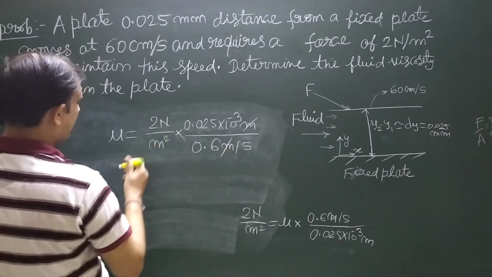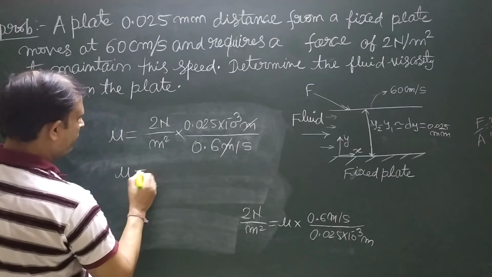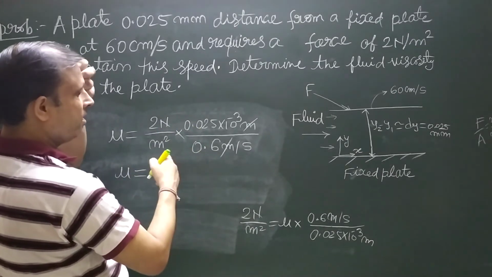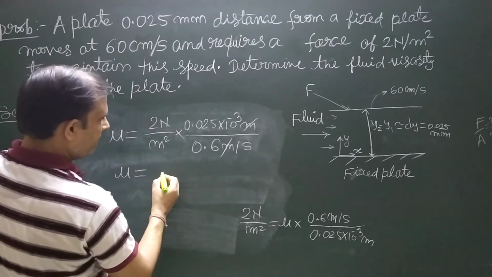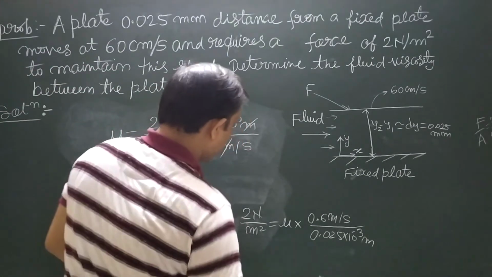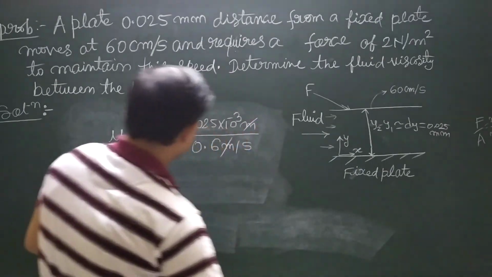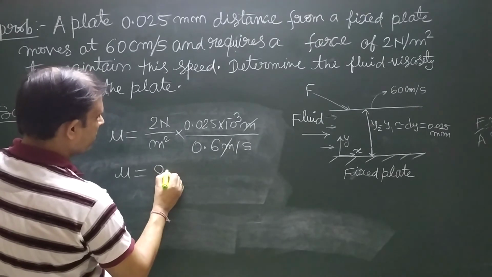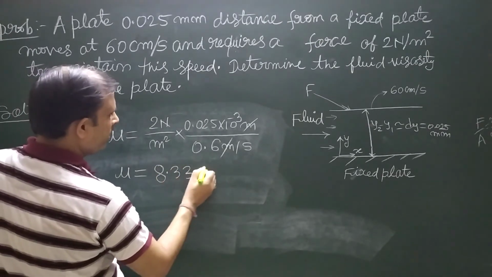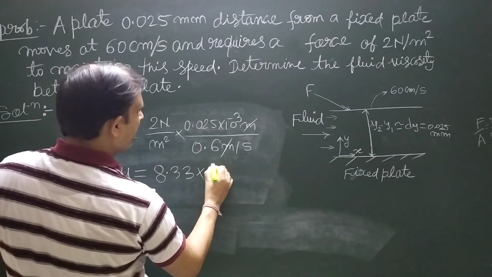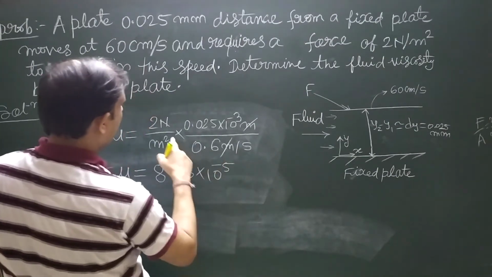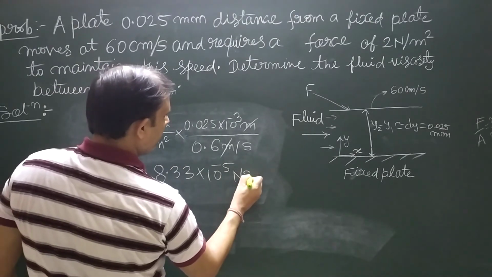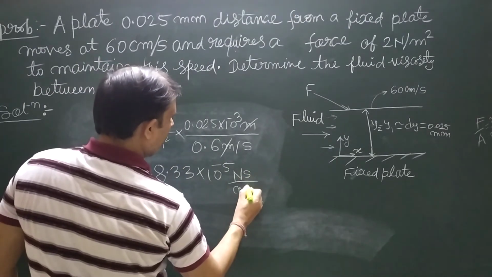When you solve this, you will get the answer 8.33 into 10 to the power minus 5 Newton second per meter square.